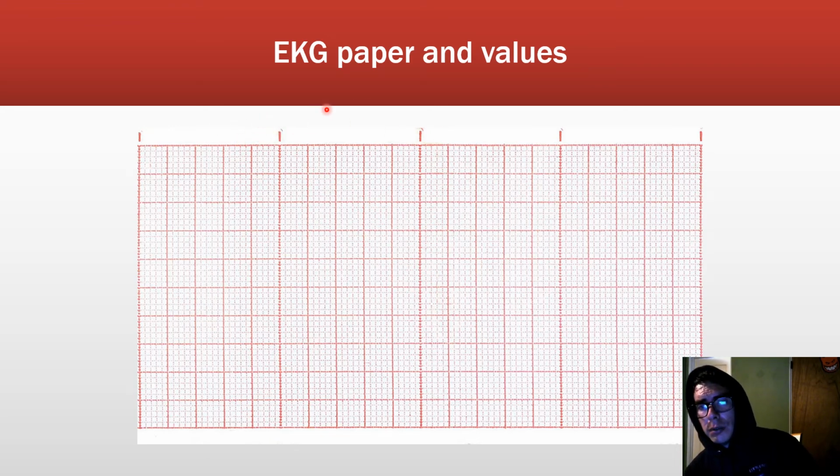So go 1, 2, 3. That would be 3 seconds. So it's a second each. So if we looked at 6 of these, that would be equal to 6 seconds. So you could count how many beats you have in there and multiply it by 10 to get your heart rate.